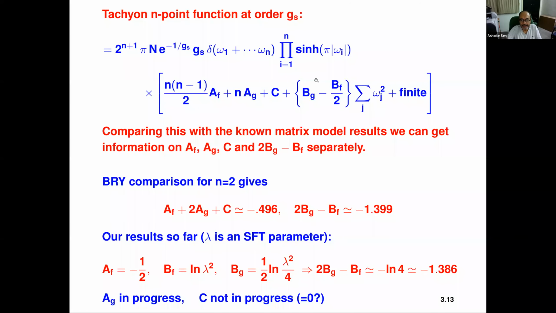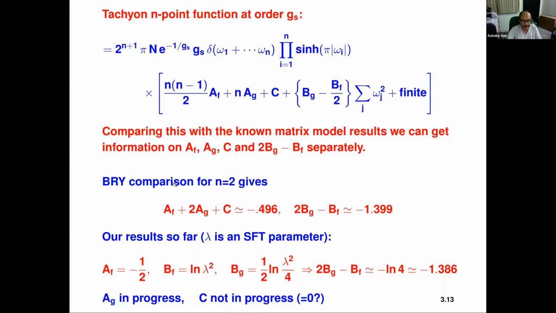This immediately tells us that each of these are physical observables. That AF, AG, C and 2BG minus BF must be physical observables because they actually enter physical n-tachyon amplitudes. So you should be able to determine these unambiguously. And in principle, we can determine these by comparing with the matrix model results. But also, string field theory should give the expressions for these unambiguously.